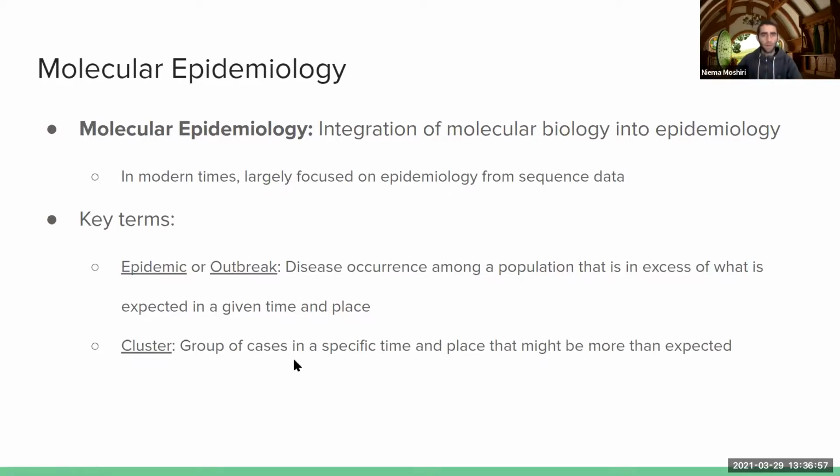So for example, if we're looking at the flu, one cluster would be one specific small subpopulation at the same time that this tiny group had a lot more incidence of this disease than we would have expected. So it's kind of like an epidemic is made up of clusters.